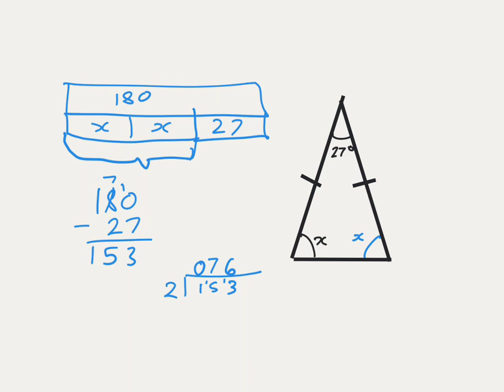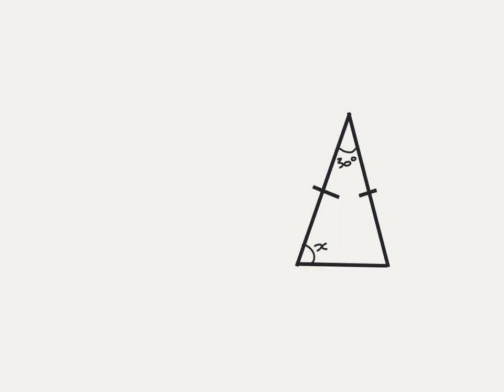Let's do it as a fraction. So instead of saying remainder 1, we could say 1/2. So it's 76 and 1/2. So x is 76.5. If I add them all together, I will get the right answer.